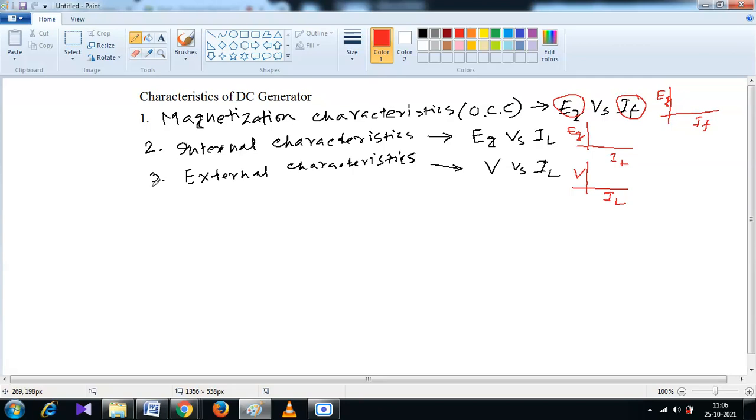Yes, sir. Now tell me what is magnetization characteristics? What do we do in magnetization characteristics? Sir, can you repeat it? I can't understand. Okay, let's see who else has understood or not.